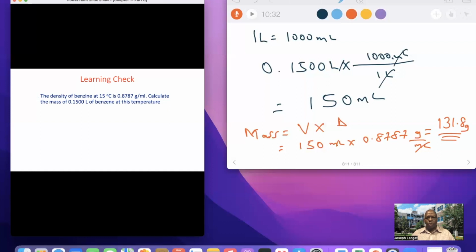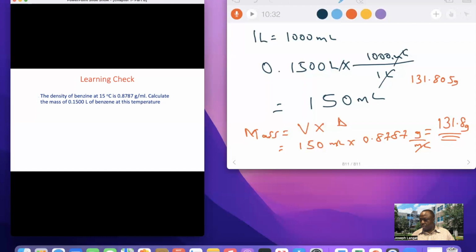I'm using 4 significant figures here. Because if you look here, the 1, 2, 0 do not count. So we start 1, 2, 3, 4, and here we have 1, 2, 3, 4. So 4 significant figures. I know you may see 131.805 grams in your calculator.